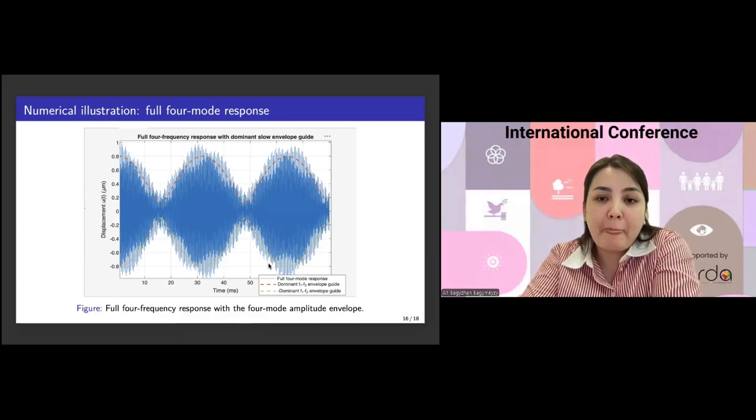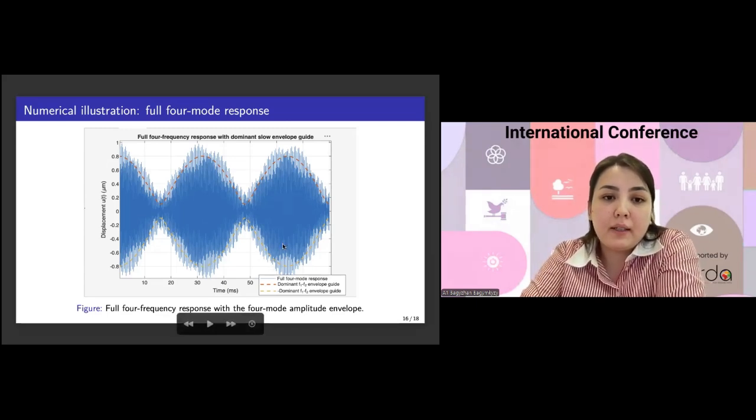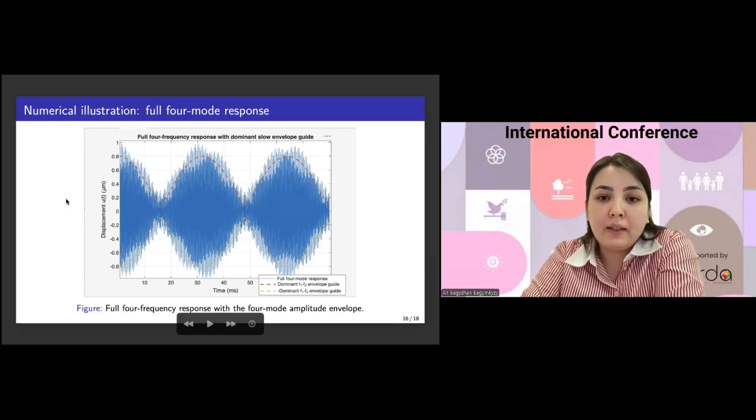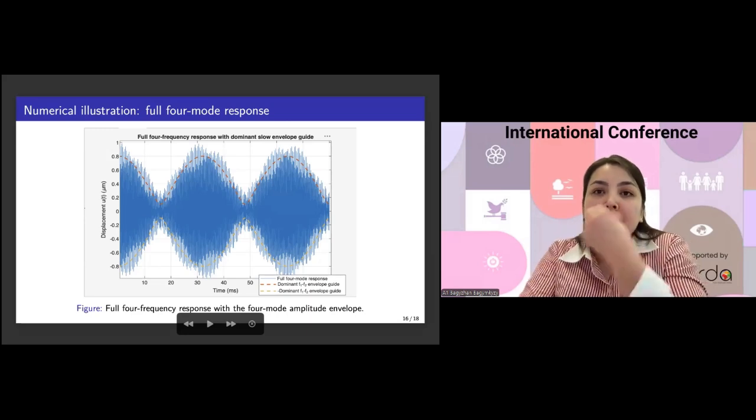Here the yellow line is the envelope guide, and the other one is the very fast frequencies. This is our full frequency response.